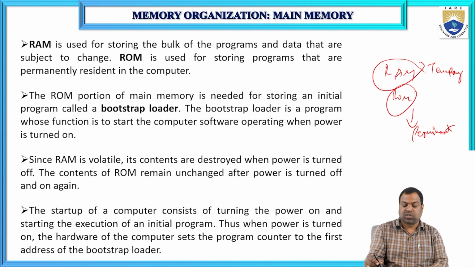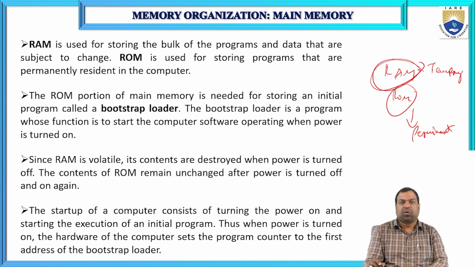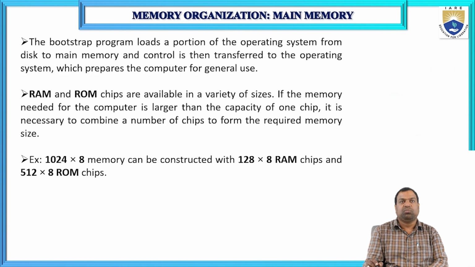With RAM, when the power is off, the memory will be lost. With ROM, when the power is off, the memory will not be lost. The startup of a computer consists of turning the power on and starting the execution of the initial program. When power is turned on, the hardware of the computer sets the program counter to the first address of the bootstrap loader.